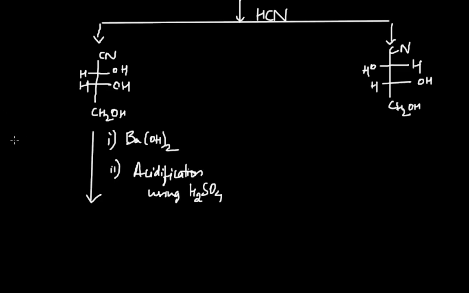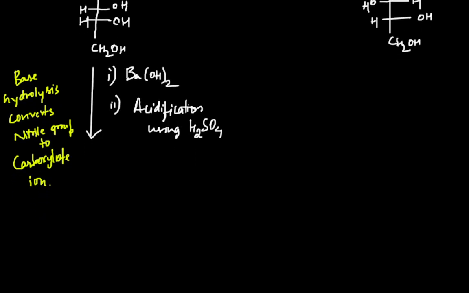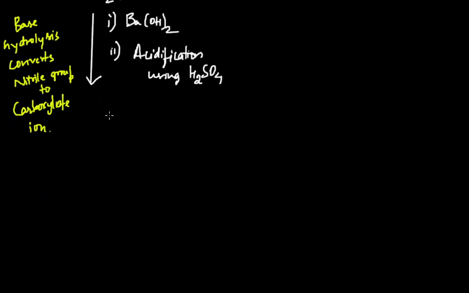Base hydrolysis converts the nitrile group to a carboxylate ion, and then acidification converts it to carboxylic acid. So this nitrile has been converted to your carboxylic acid group.